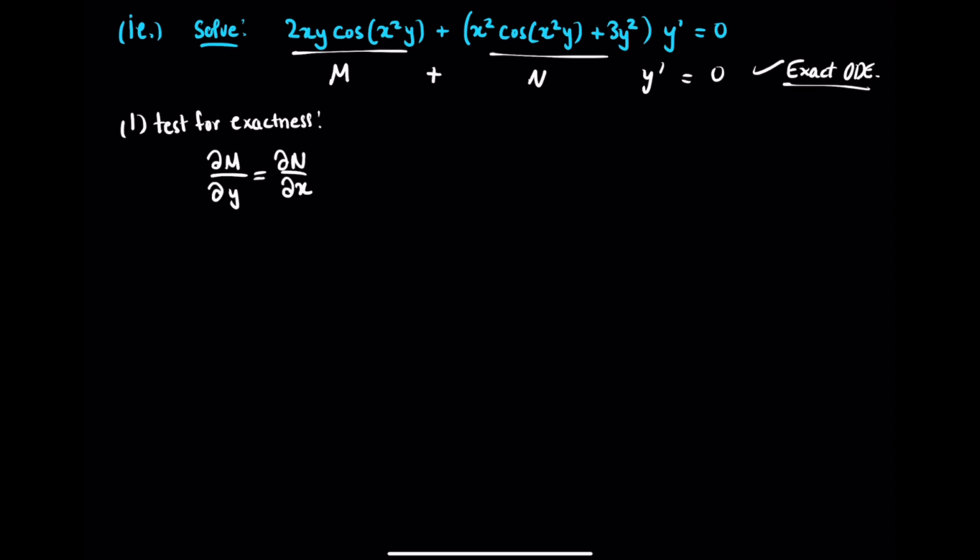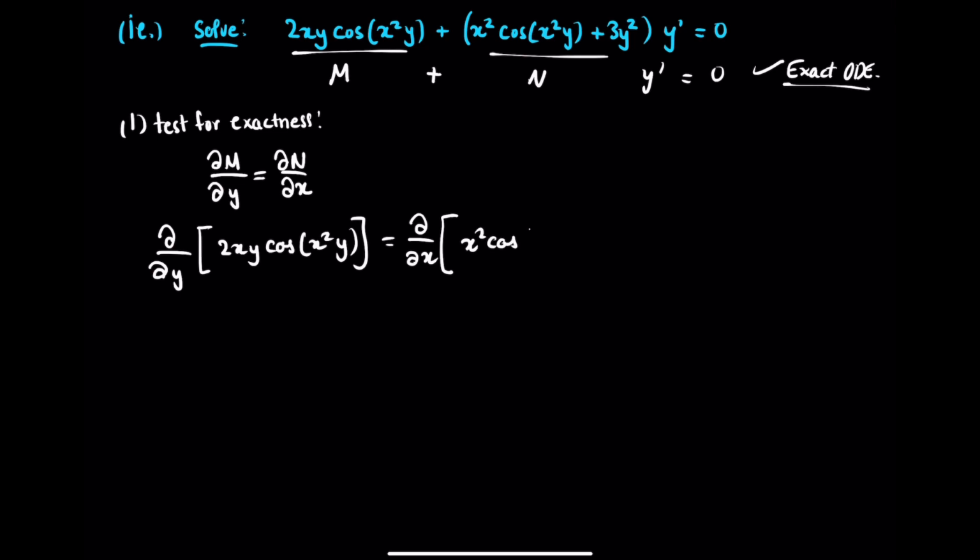So we take the partial derivative with respect to y of 2xy cosine x squared y, which should equal the partial derivative with respect to x of x squared cosine x squared y plus 3y squared.